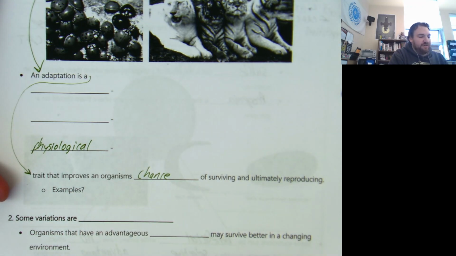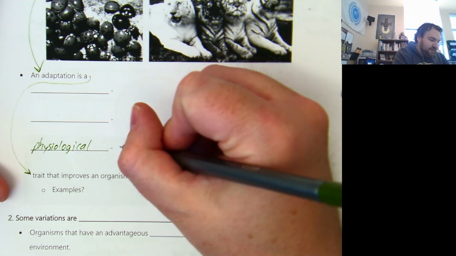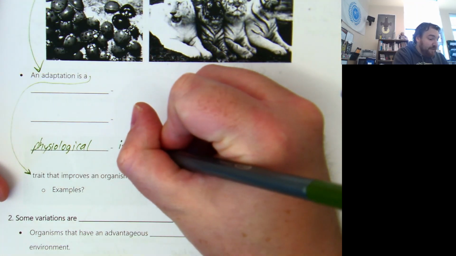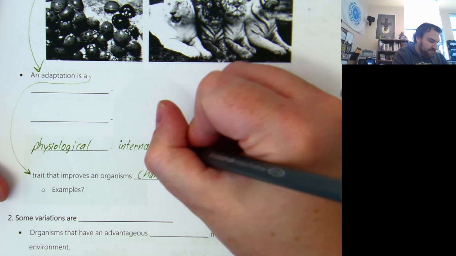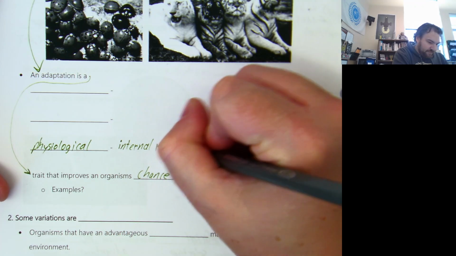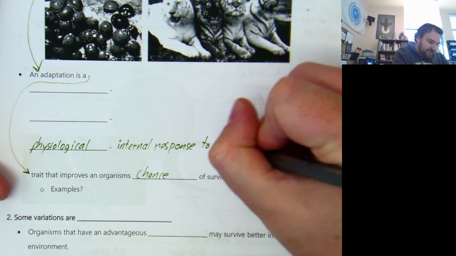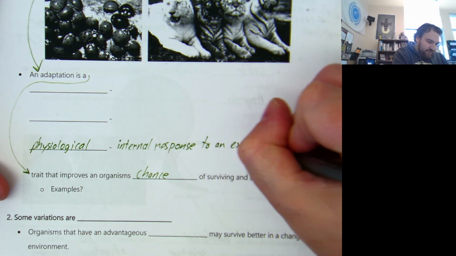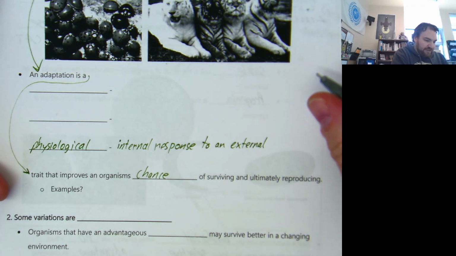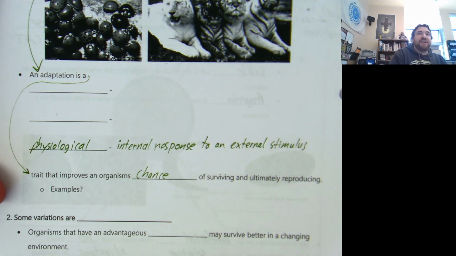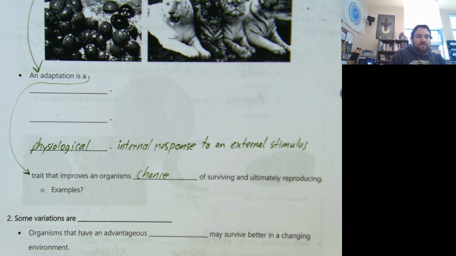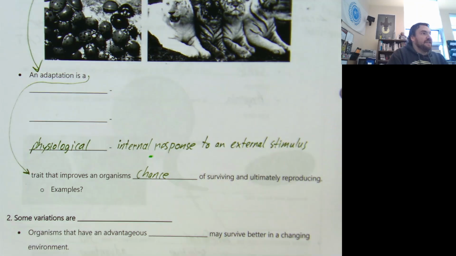Physiological. And a physiological adaptation is defined to be an internal response to an external stimulus. And there's a lot of language there, but I think the example that you just gave is a really good one.